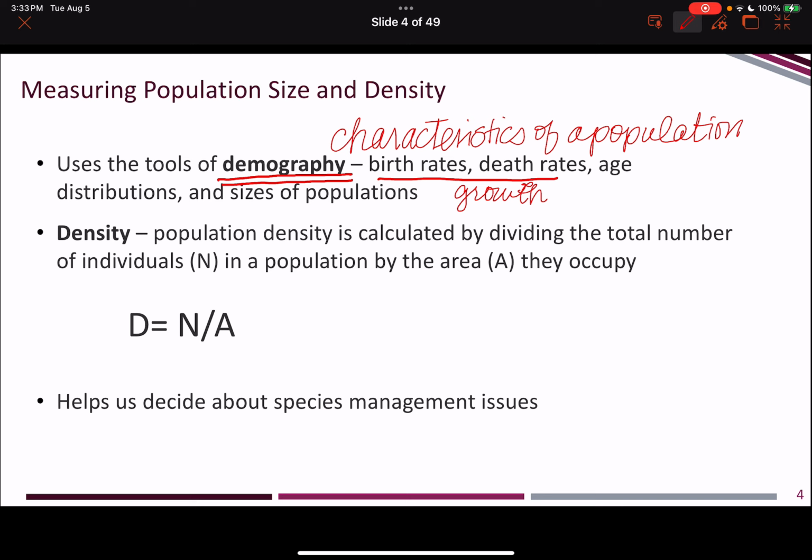So if these organisms are having their offspring earlier in life, maybe they're having offspring for longer than other populations. We can also look at the number of offspring that they have, the average age that they live to, things like that. And then of course the size of the population is really going to tell us about their resources and how the resources that they need are going to affect other organisms in their population and also other organisms outside of their population, whether that's the same species or other species.